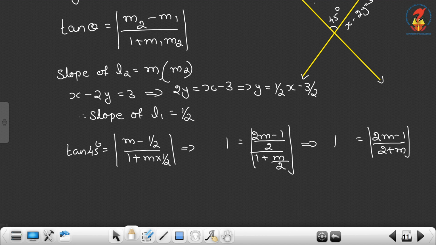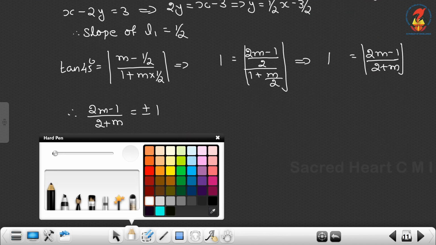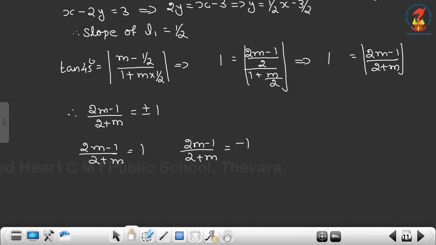Therefore (2m minus 1) by (2 plus m) without the modulus sign, on the other side you have to put a plus or minus symbol. So (2m minus 1) by (2 plus m) is plus 1. That is one case. The other case is (2m minus 1) by (2 plus m) is minus 1.